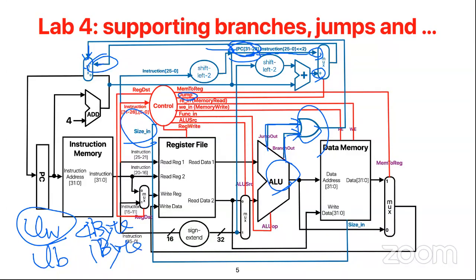If you want to get your load size correctly, you need to have a size in signal going into your data memory telling it how many bytes you want to load. Then your instruction must put that data into the register accordingly. That's the main thing that you need to do in Lab 4.